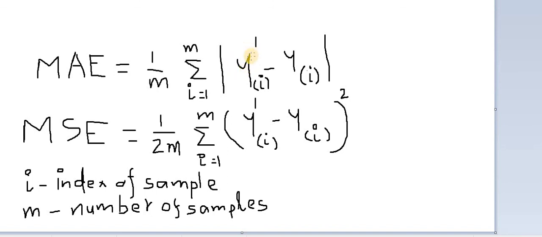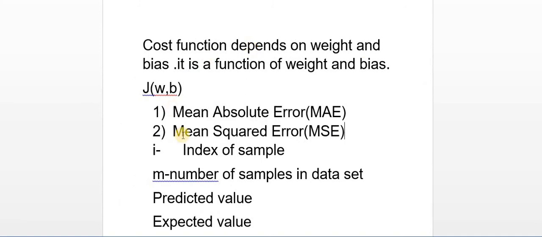Here, y dash represents the predicted value. You have the predicted value and the expected value, so two things are there. The machine learning model predicts the value, that is the predicted value, but it can be different from the expected or actual value.